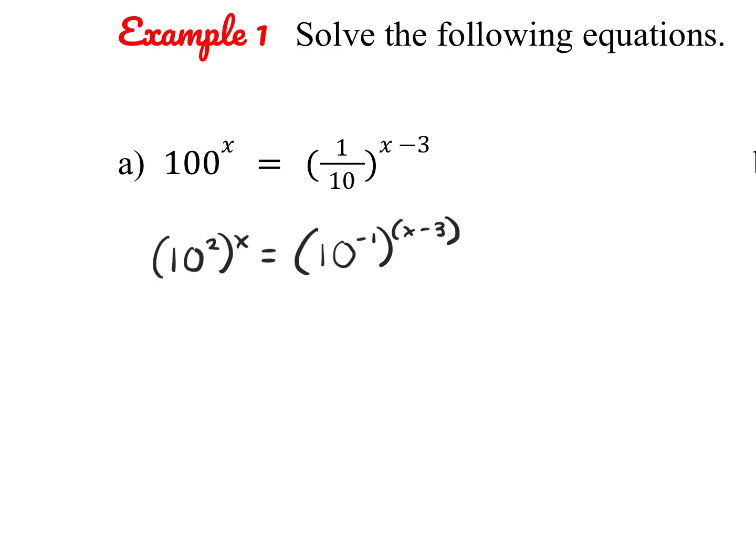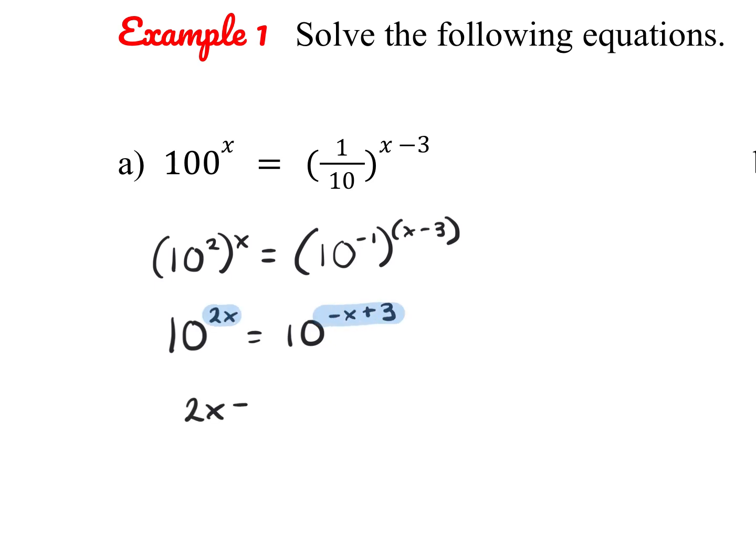And now if I clean this up a little bit, I multiply my exponents. Make sure here I'm distributing the negative to both pieces of my exponent, so negative x plus 3. Now I have two terms. They're equal. Their bases are equal, so just by logic, their exponents must also be equal.